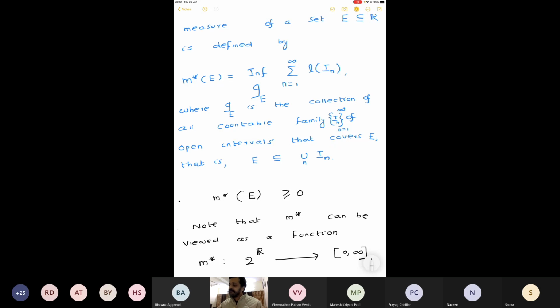Yes, sir. Suppose I can prove that for any arbitrary countable family In of open intervals that covers E, that is, I am taking an arbitrary member of the family, and then I am proving that summation of length of In is greater than or equal to B minus A. Then the infimum also will be greater than or equal to B minus A. Okay.